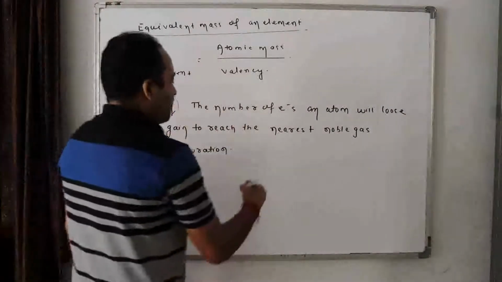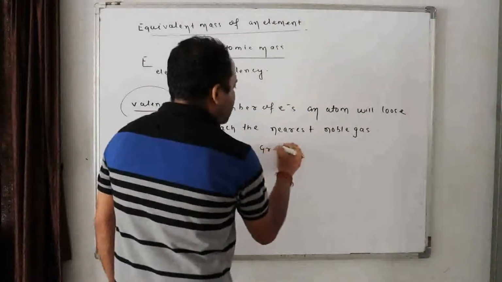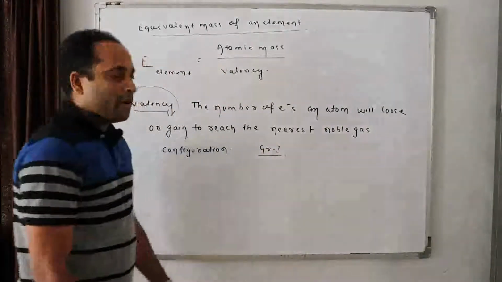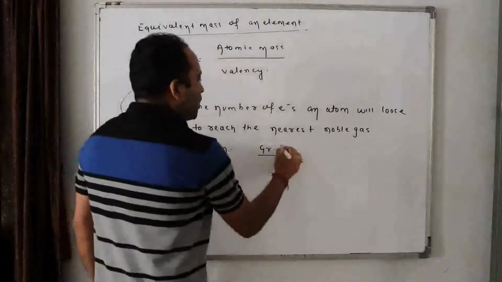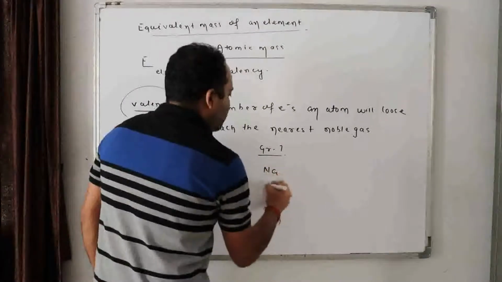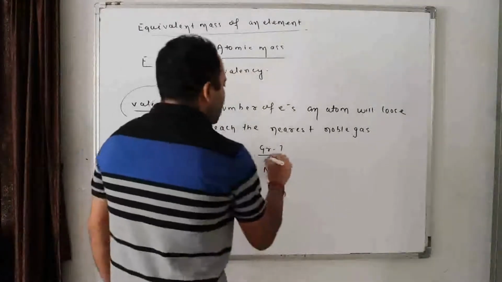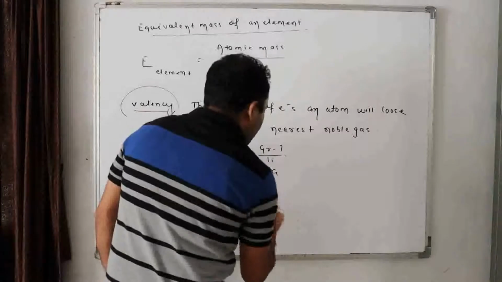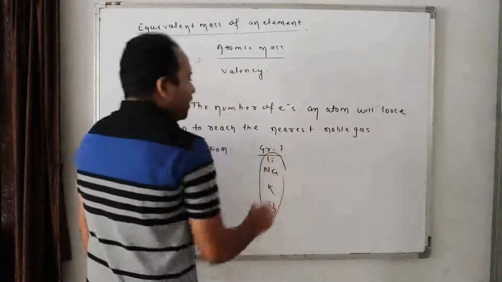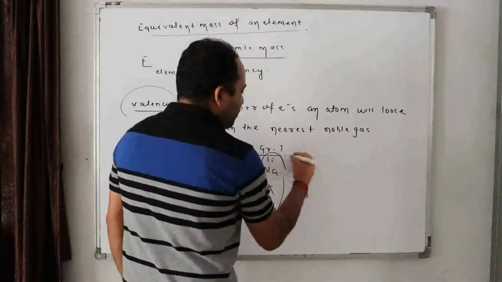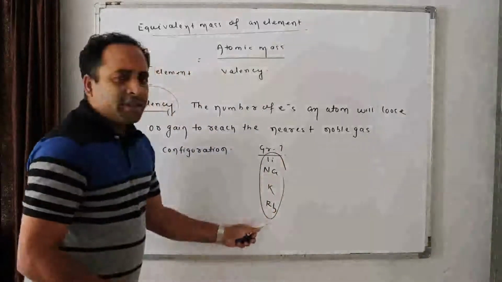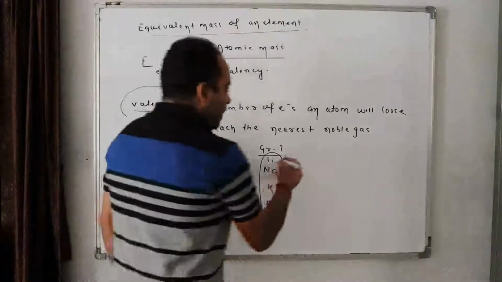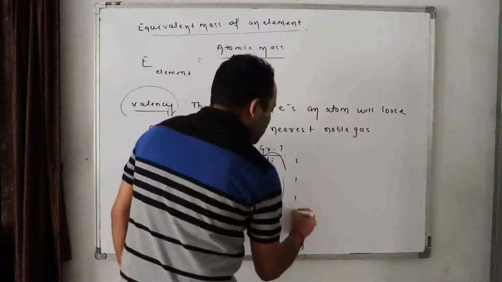For example, in group 1, when you study the periodic table, you will understand group 1. In group 1, who are there? Lithium, sodium, potassium, rubidium. In group 1, the valence shell configuration is that in the outermost shell they have 1 electron.